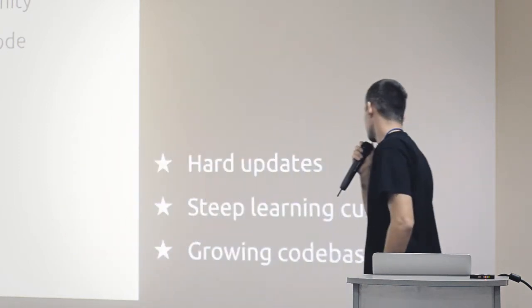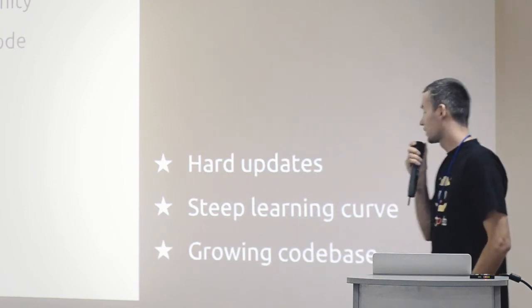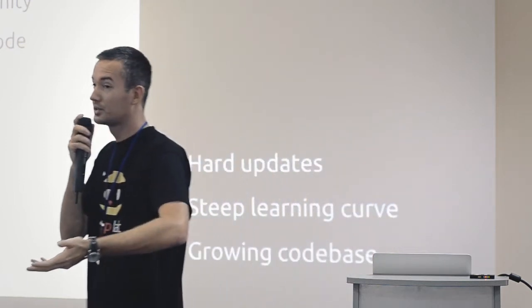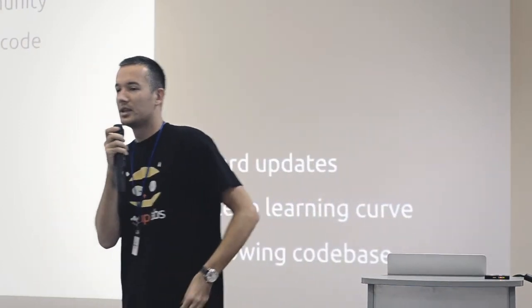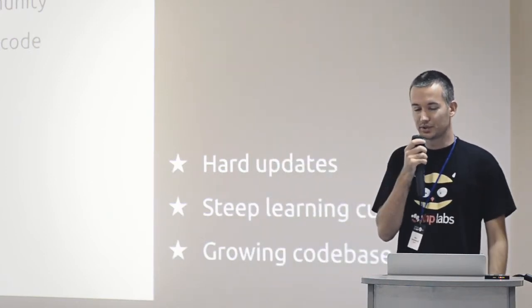This is also one of the hard things in Sylius, and the code base is constantly growing because we're adding a number of features, which also requires new code to be delivered with each new release.